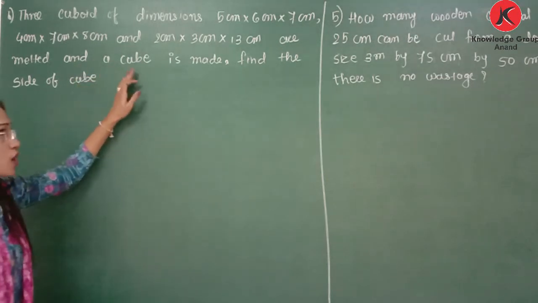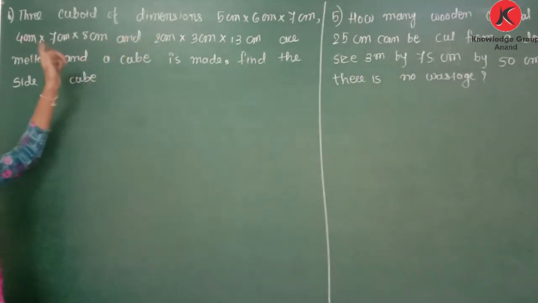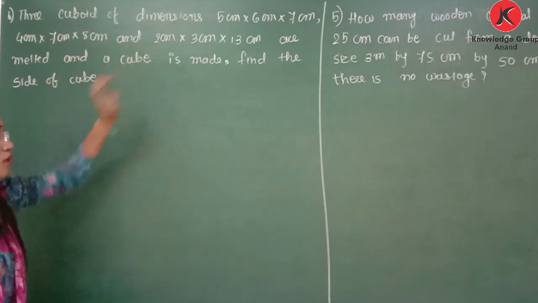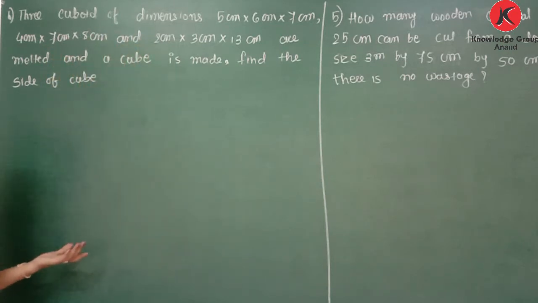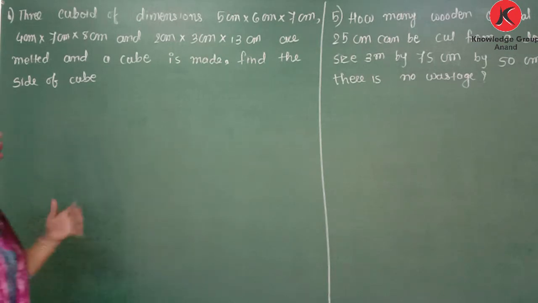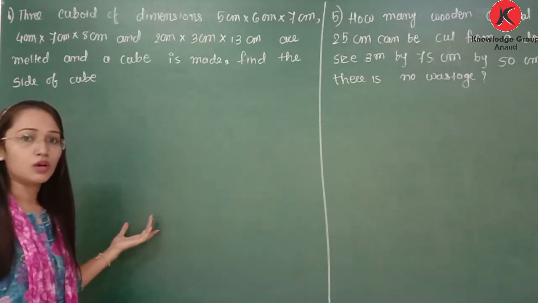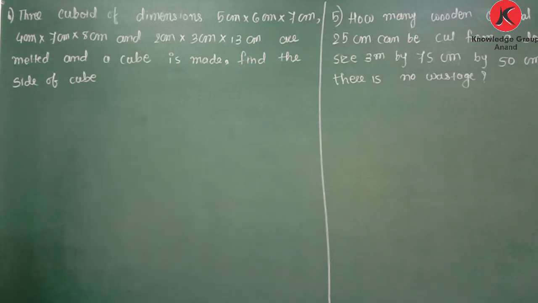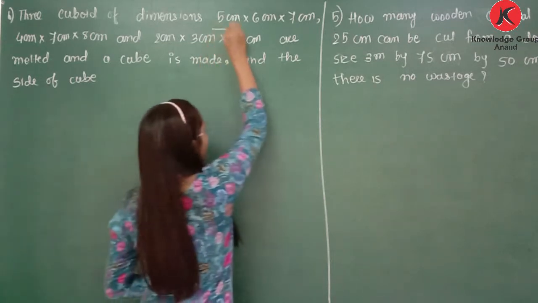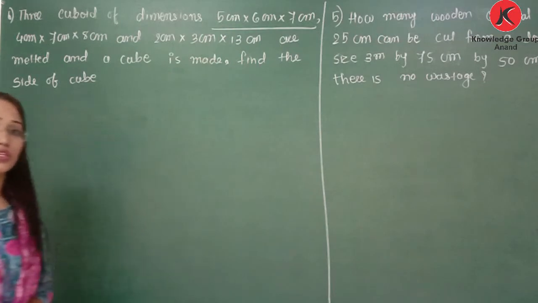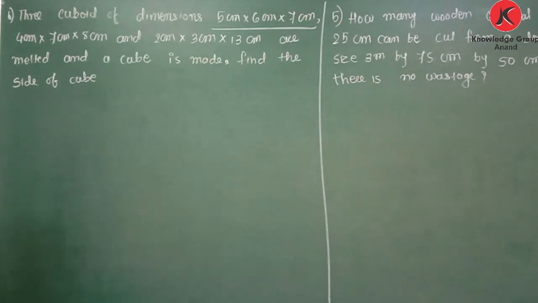So whatever the volume of the first cuboid, the second cuboid, and the third cuboid, the volume remains the same, because whether it is melted or in solid form, both volumes will be the same. So first cuboid is of size 5 cm, 6 cm and 7 cm.